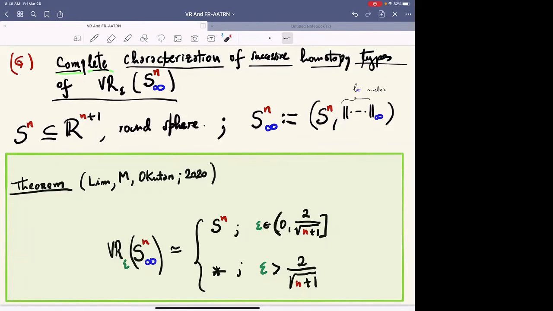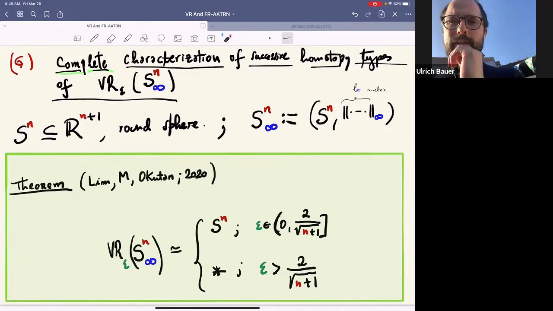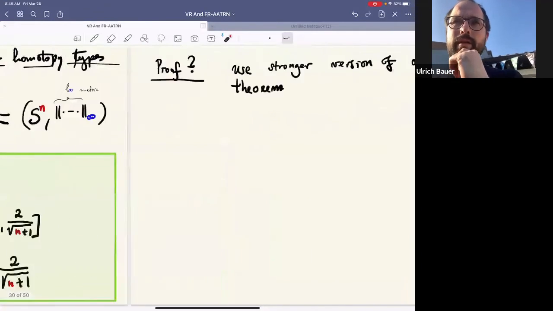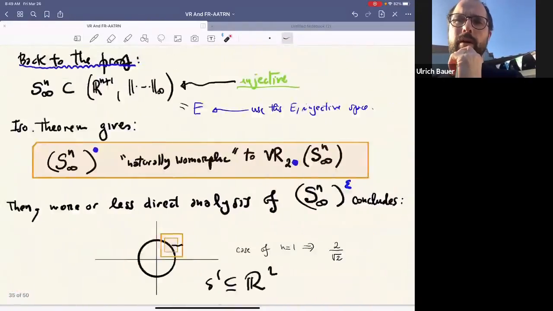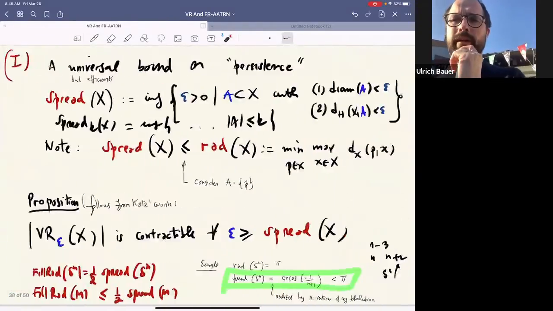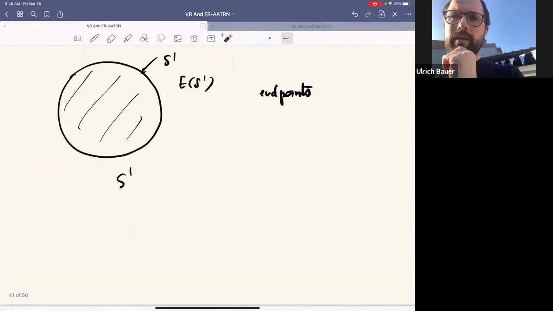Yeah, now I have two questions. So the first one is, to me, it looks like it would be more natural, instead of considering the Euclidean sphere equipped with the modified infinity metric, to instead consider the boundary of the L infinity ball already in L infinity, right?